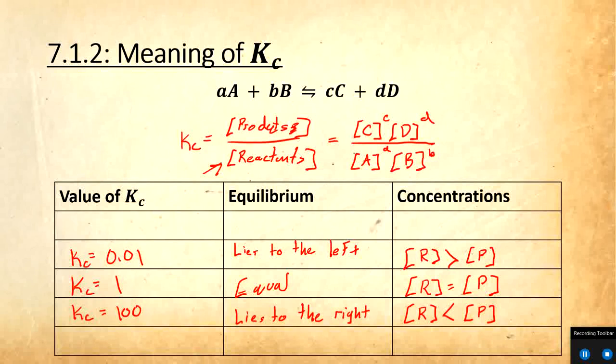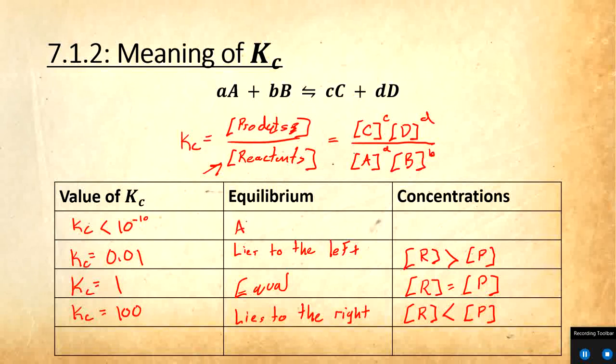And we have that the concentration of reactants is smaller than the concentration of products. Now, what happens if Kc gets really, really small or really, really large? So in this case, let's say that Kc is smaller than 10 to the negative 10. Kc is so small. So imagine the size. The reactants would have to be quite a lot larger than the amount of products.